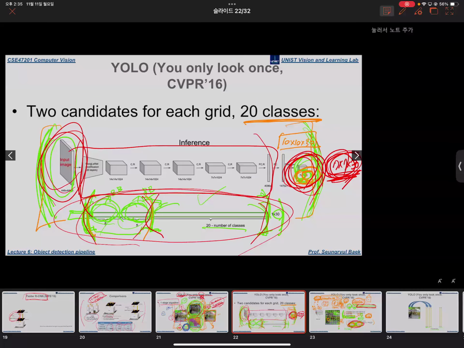This 7 by 7 denotes the number of grids, and this 30 dimensional vector denotes that we will estimate 2 bounding boxes for each grid and also a 20 class probability vector.